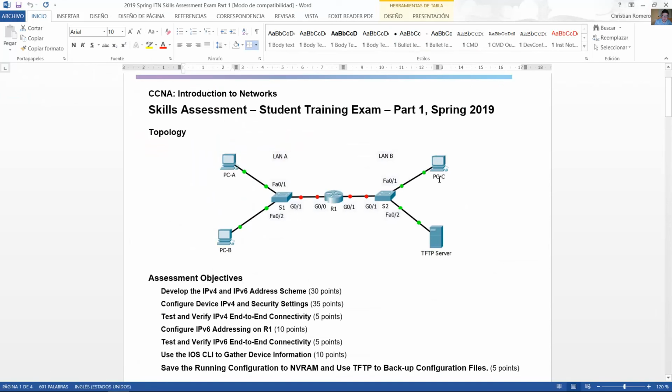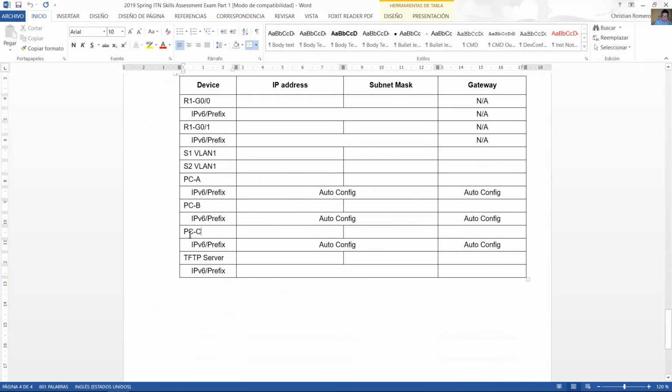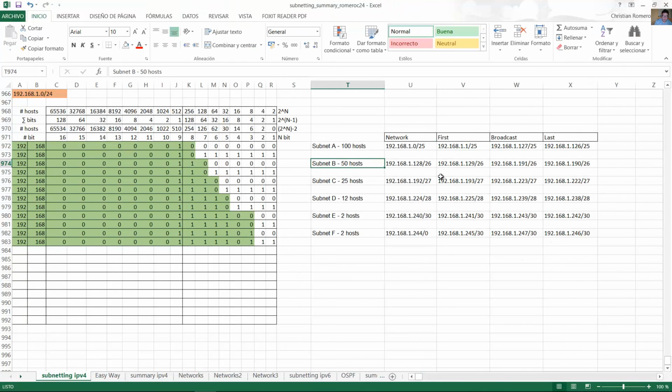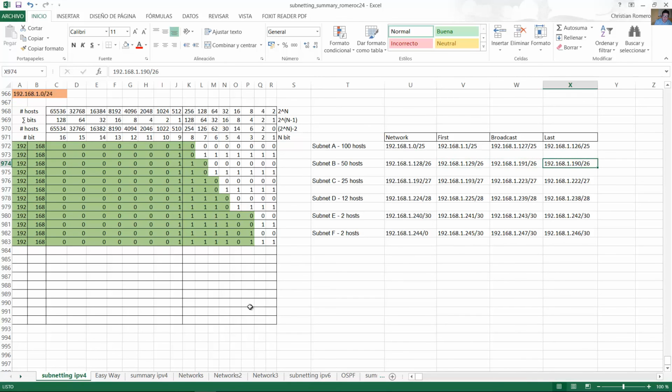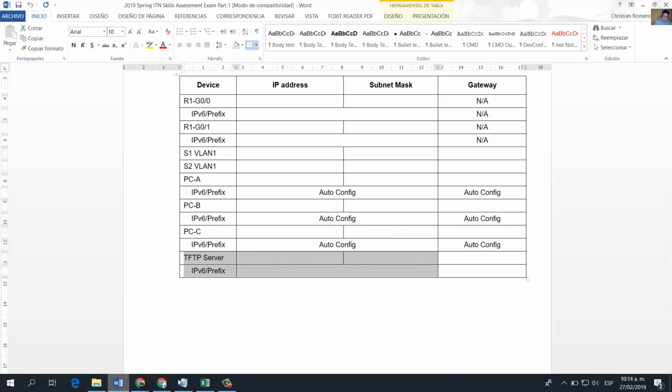PCC and the server are placed on LAN B, subnet B, and can use any IP in the range between 130 and 190. But the server should use a static IP, the second IP.